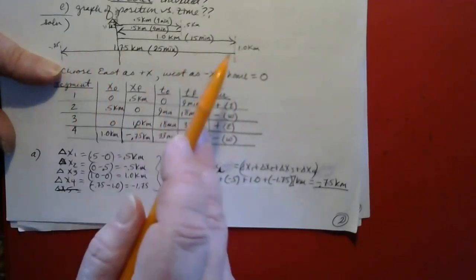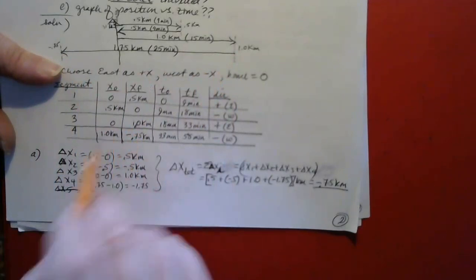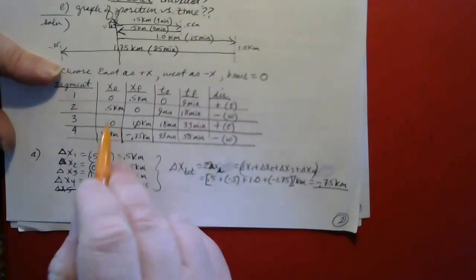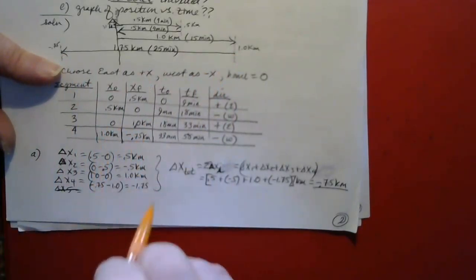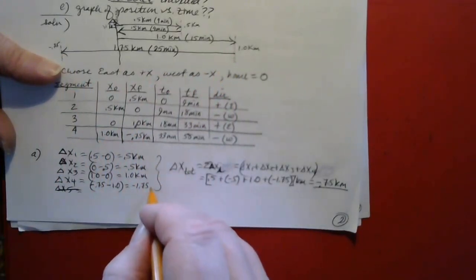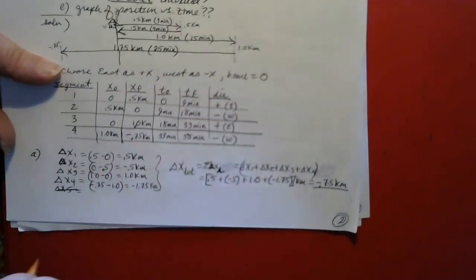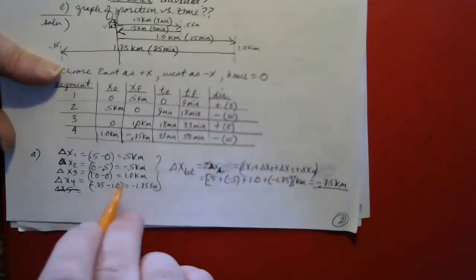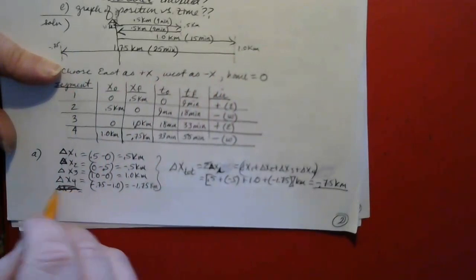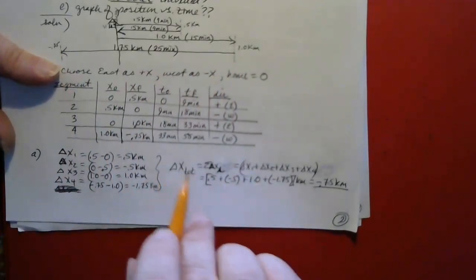So if you take final minus initial, it's going to be negative 0.75 minus 1, which is negative 1.75 kilometers for the displacement for the fourth segment. And there is no fifth segment, so ignore that.